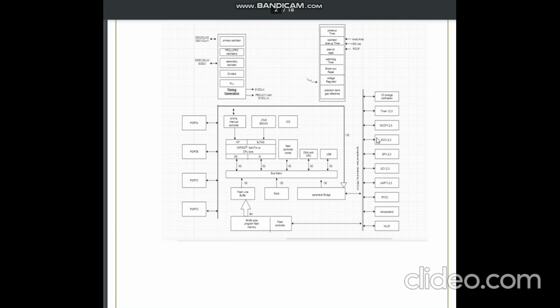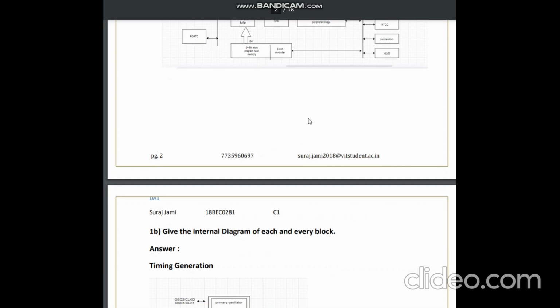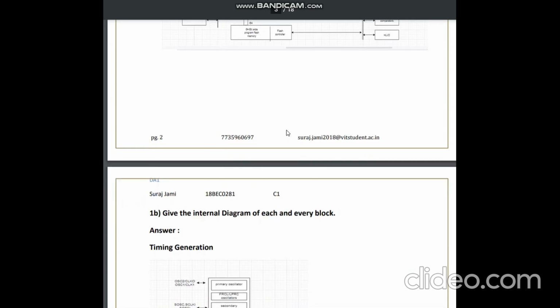This goes to the input IO change notification, timer 123, MCCP 123, SCCP 123, etc. So these are port A, port B, port C, port D.